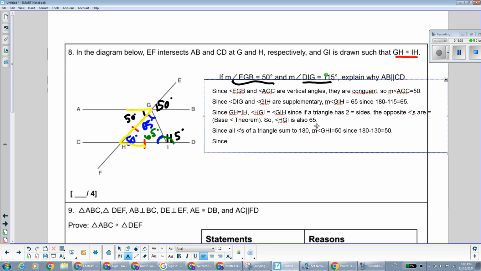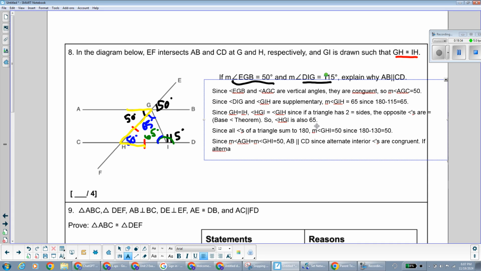Since the measure of angle AGH is equal to the measure of angle GHI, and they're both equal to 50, AB is parallel to CD, since alternate interior angles are congruent. If alternate interior angles are congruent, lines are parallel.